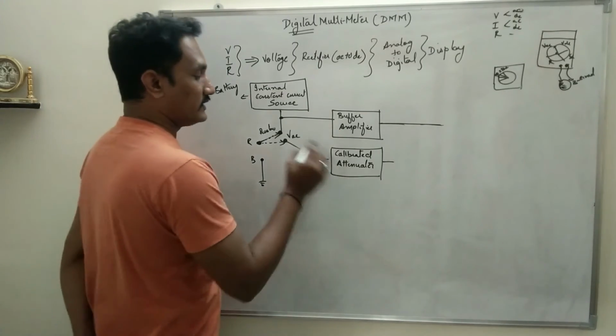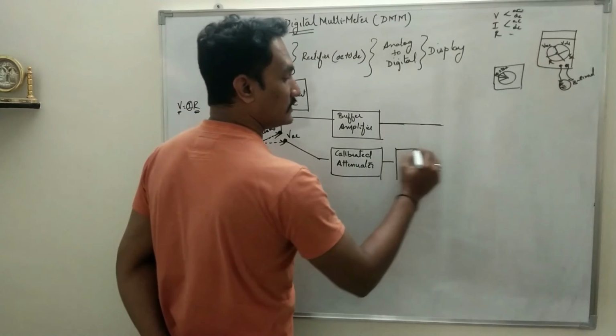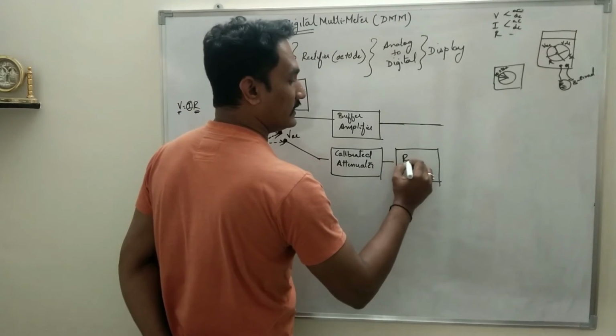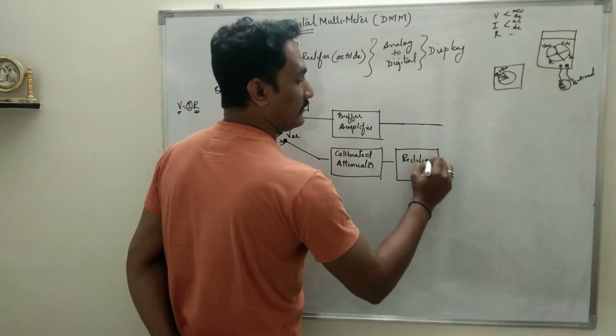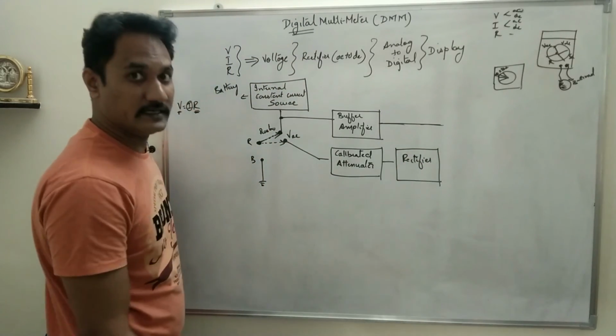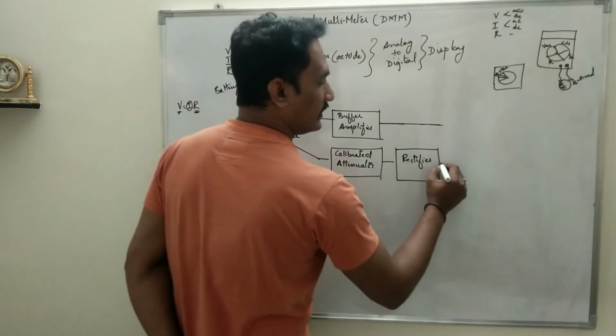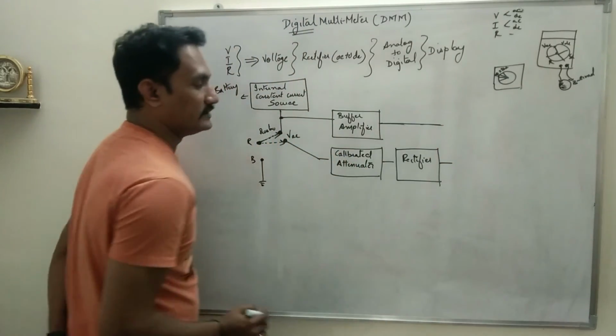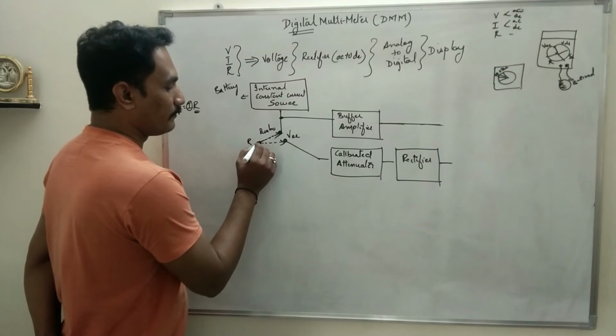Of course it is AC, so you need a circuit which converts AC into DC. So we have a rectifier which converts AC into DC. This in detail we will try to understand in chapter number 2, and then it is available for the analog to digital converter.